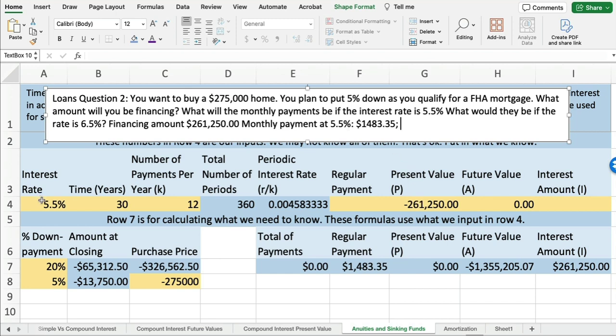So let's change the interest rate now to 6.5%. And our monthly payment goes up significantly.